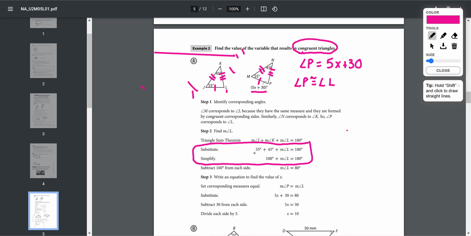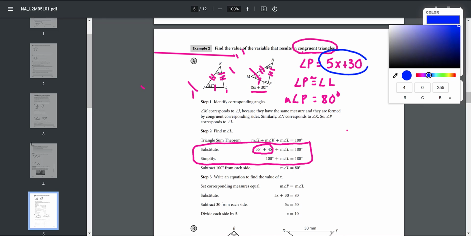You can add your like terms together. The 55 plus 45 gives you 100. And then subtract 100 from both sides and find that the measure of angle L equals 80 degrees. So that means the measure of angle P also equals 80 degrees.